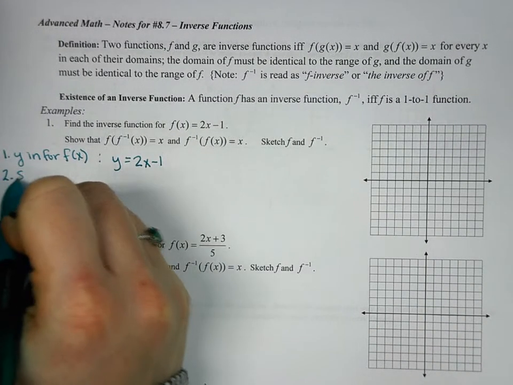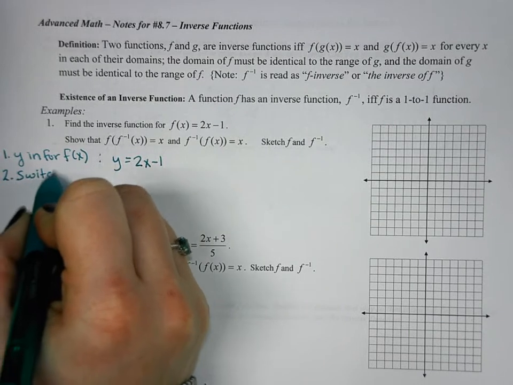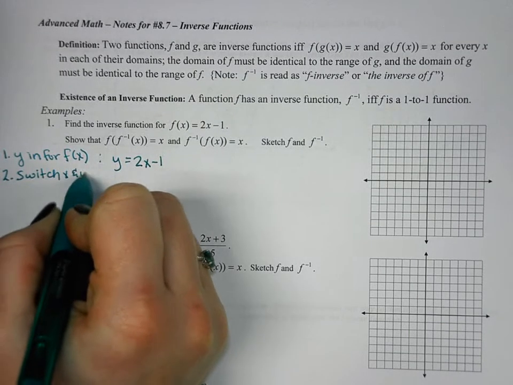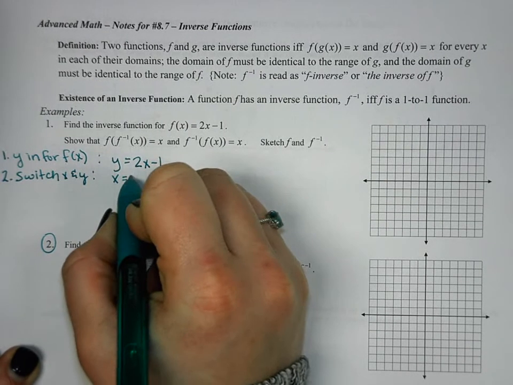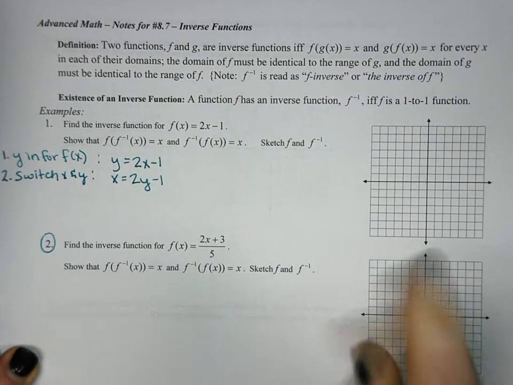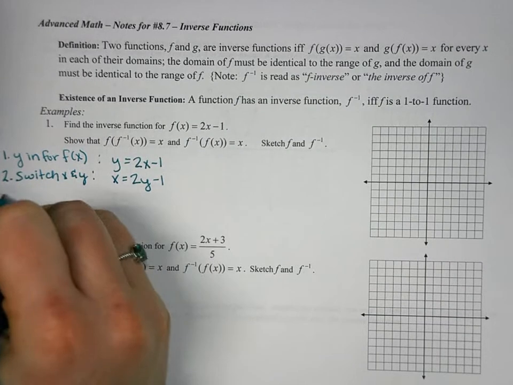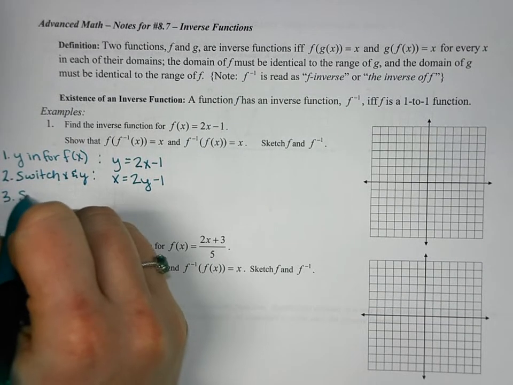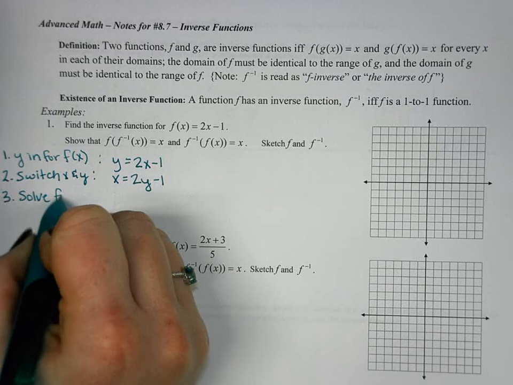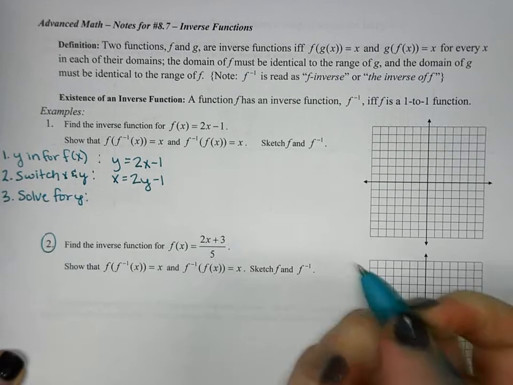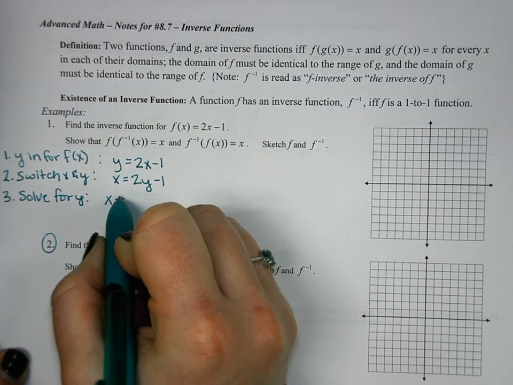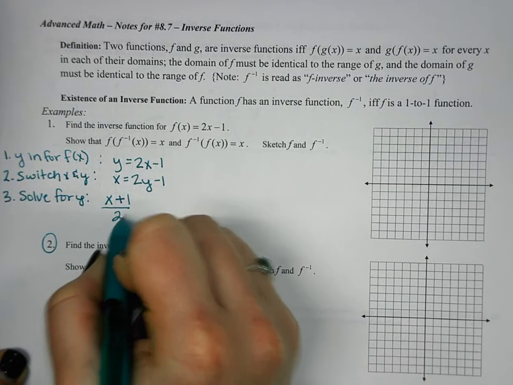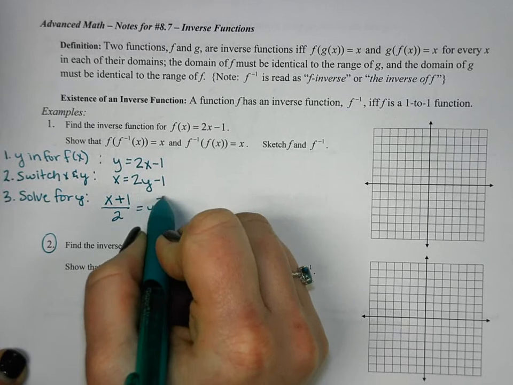Step 2, switch x and y. So I'm going to switch x and y and make it x equals 2y minus 1. Step 3, solve for y. So when I get y by itself, I'll have x plus 1 all divided by 2 equals y.